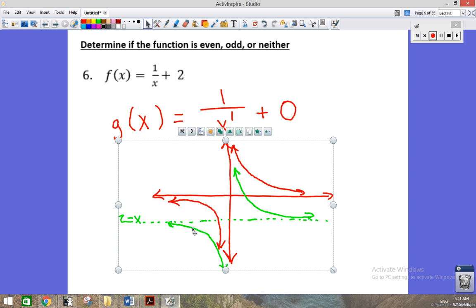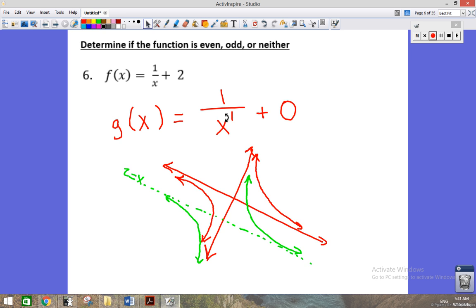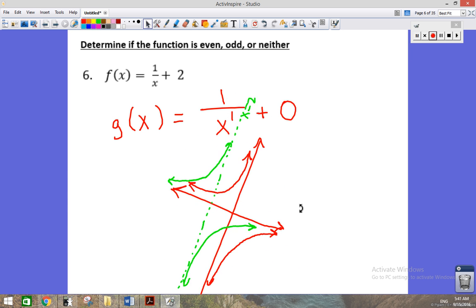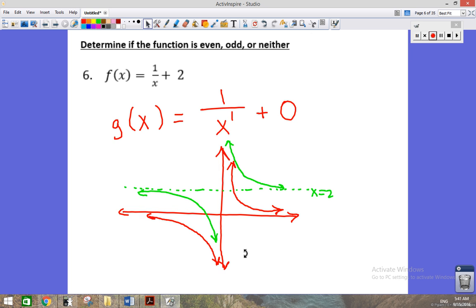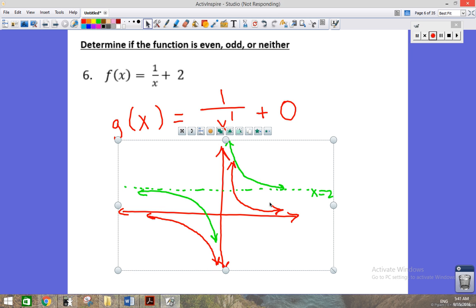There's no way that this green graph is the same as the graph that I started with, because this dashed line, this horizontal dashed line, we're going to learn that they call that a horizontal asymptote. These graphs are getting closer as you move away from the origin.